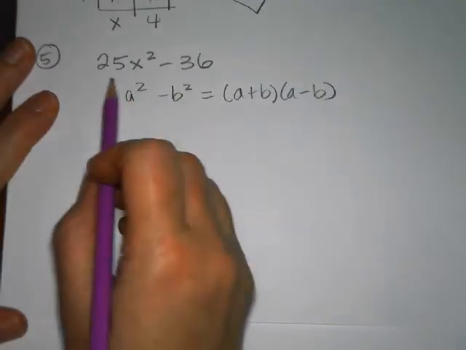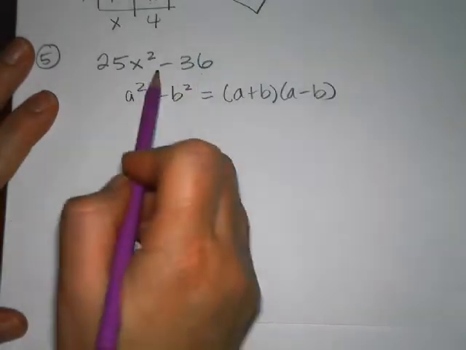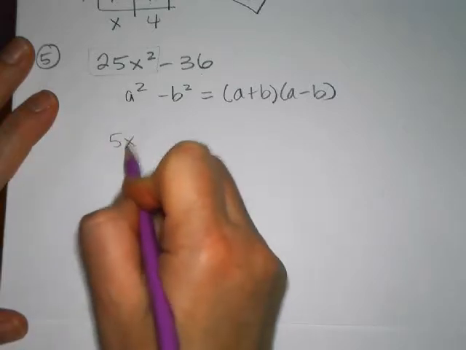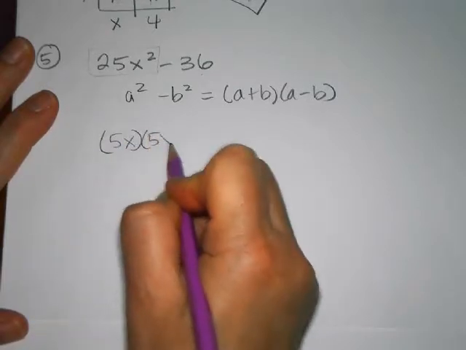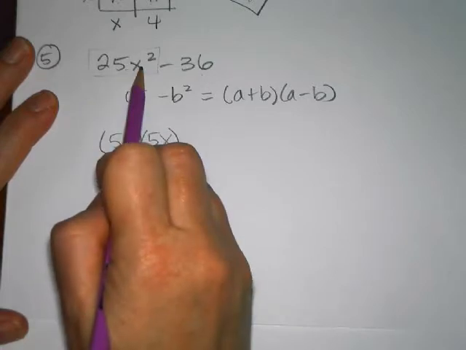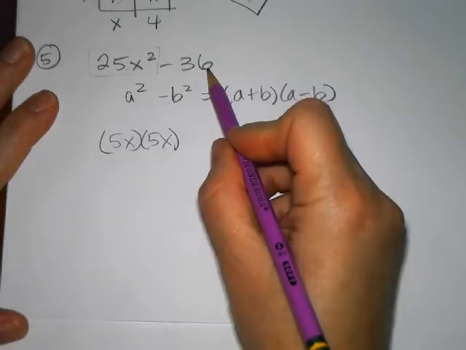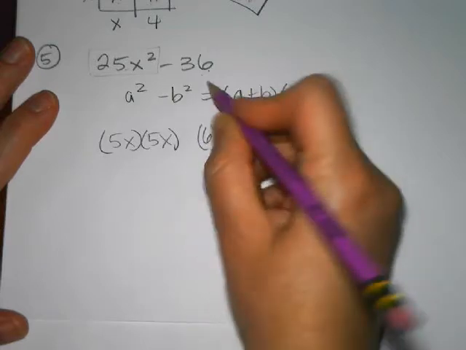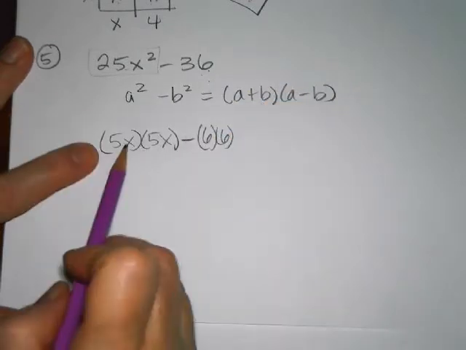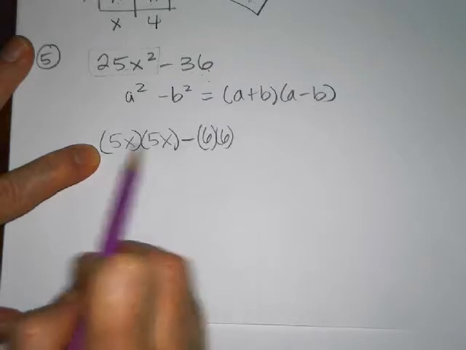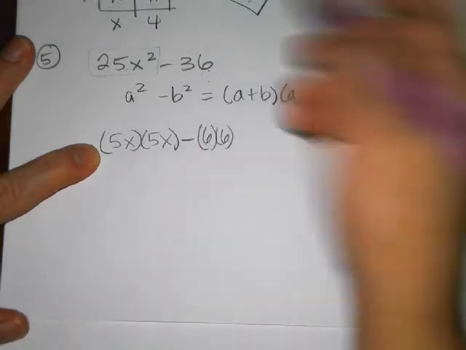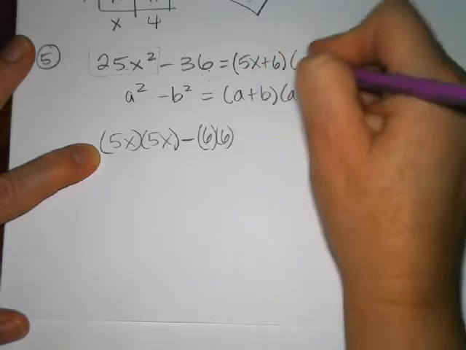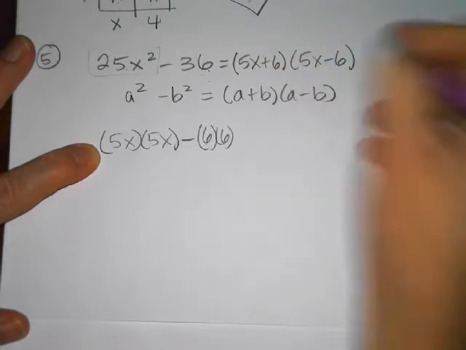There's no common factors, and I'm recognizing this is a perfect square. 5x times 5x is 25x squared. This is a perfect square. 6 times 6 is 36. So there's A and there's B. So this is going to factor into 5x plus 6 and 5x minus 6.